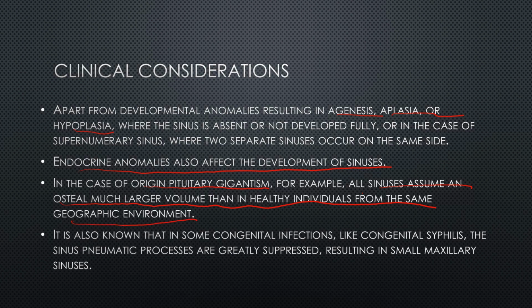It is also known that in some congenital infections like congenital syphilis, the sinus pneumatic processes are greatly suppressed, resulting in small maxillary sinuses. So it can be large or small due to endocrine anomalies or infections.